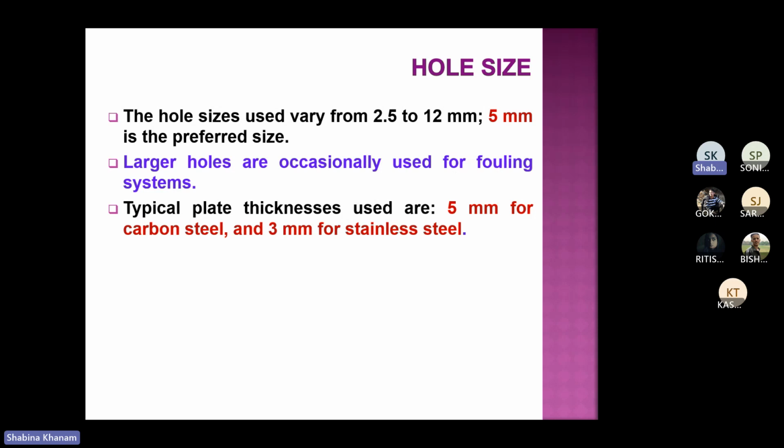We usually punch the metal sheet and make the holes. If you are considering thickness more than that, then you need to drill. Otherwise, up to 5 mm punching can be done easily.